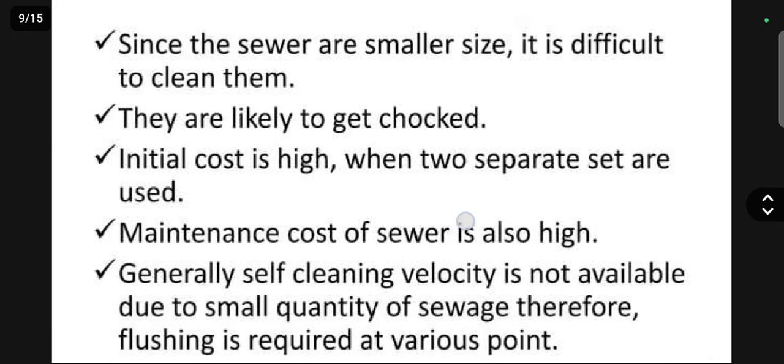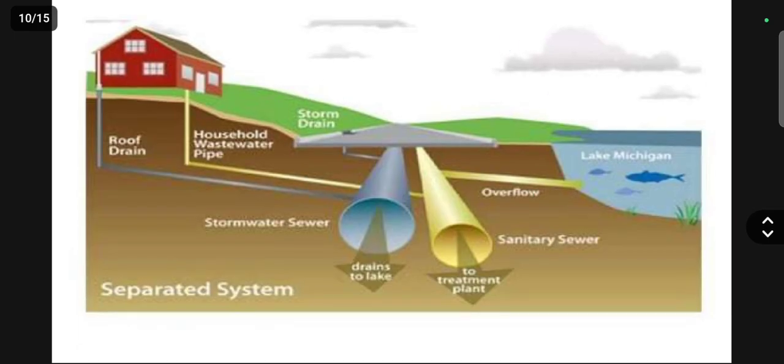For example, see here the separate system, there are two types of pipes. One is for storm water and another one is for sewage water. We can observe that there are two types of pipes from the roof. On the left side, rainwater is coming to the drains from the roof, and the house waste is coming to another pipe.